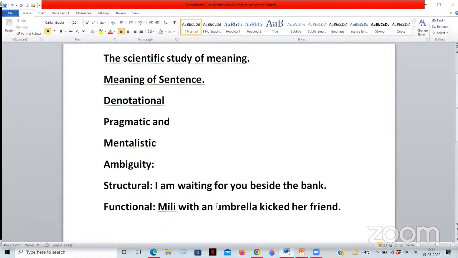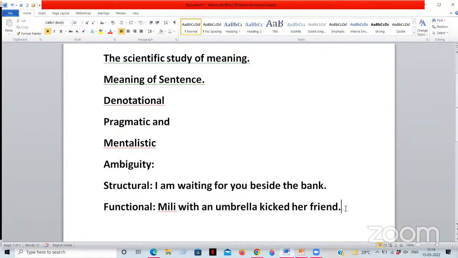Here Millie is the person doing an action, that is kicking someone. It could have two meanings because of the structure, so you can say it is a deep structure. This complete sentence has two meanings. One is that Millie kicked her friend with an umbrella. Another is simply that Millie, who kicked her friend, had an umbrella with her. So this is what is called ambiguity.